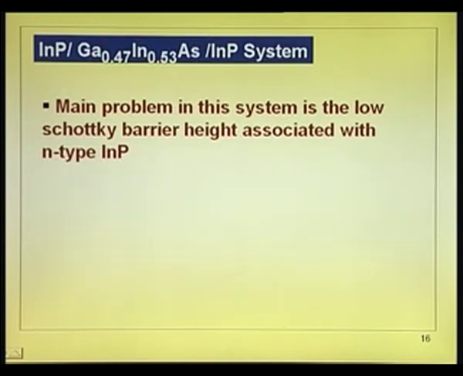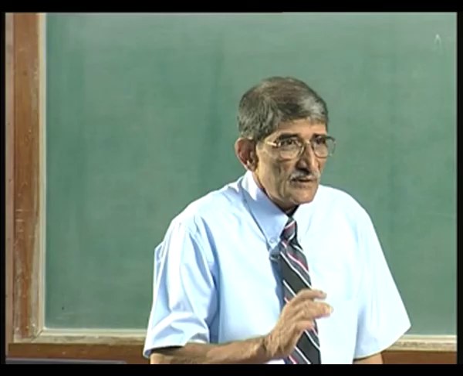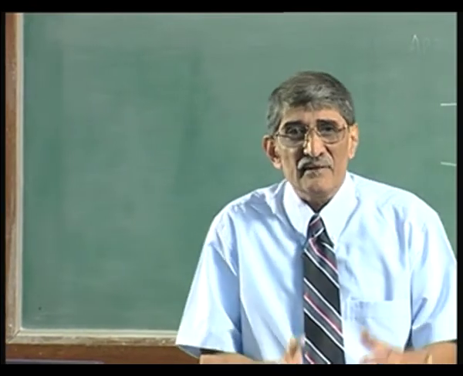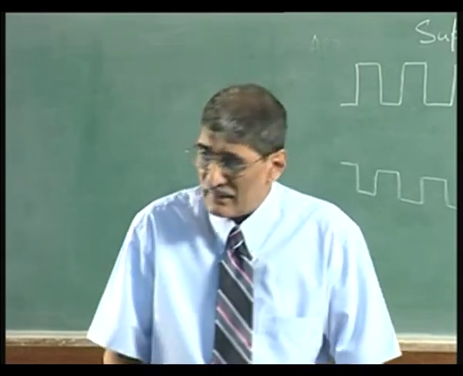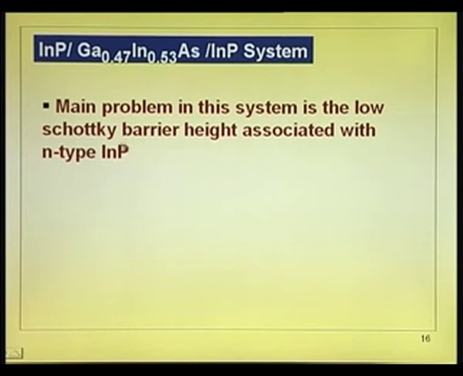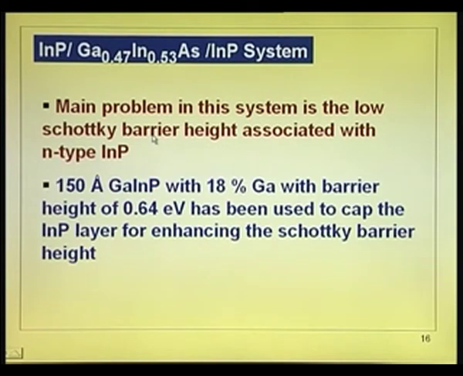But the main problem with indium phosphide in system 2 is this. Please remember, the difference between system 1 and system 2 is that the top layer is indium phosphide instead of aluminum indium arsenide. But the moment you put that, it has a problem, low Schottky barrier height. Just now we explained that. So, what they did is put 150 angstroms on top of it.